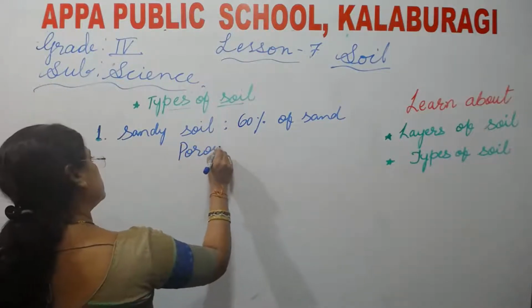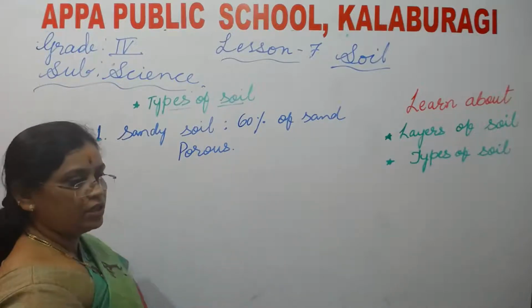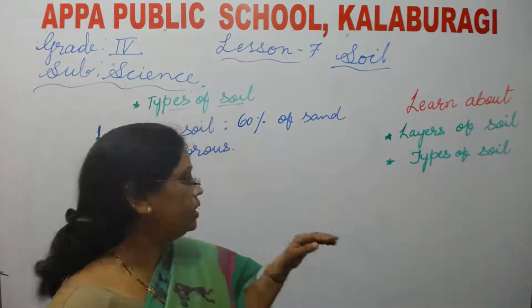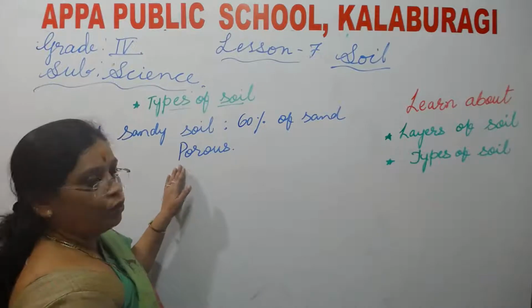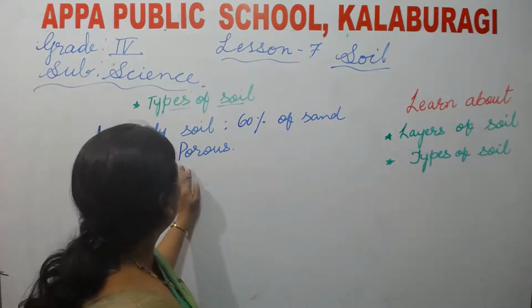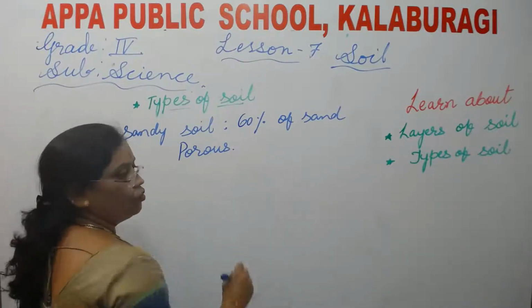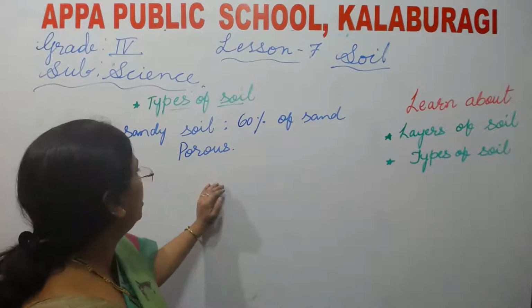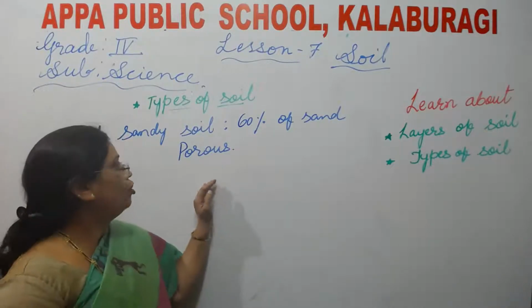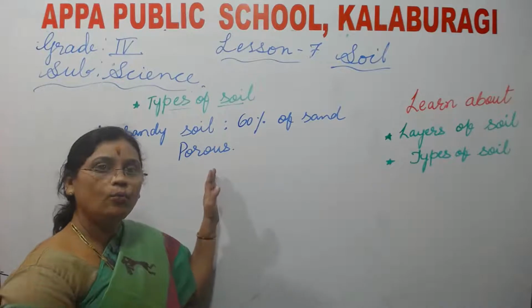Porous means it has pores in it, and being porous, it cannot hold the water. That means the water holding capacity of sandy soil is very poor.